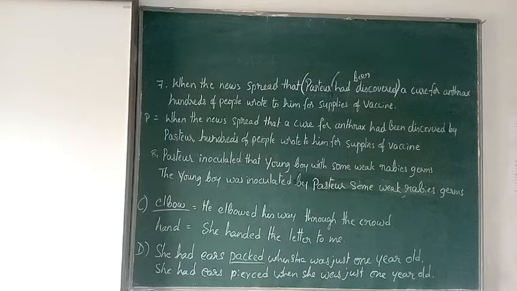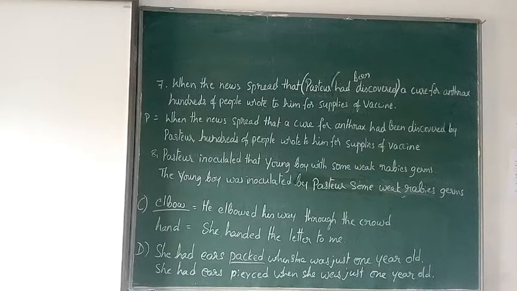Use otherwise. Walk fast, otherwise you will miss the train. Thirteenth one. Besides being intelligent, she is hardworking. Use not only but. She is not only intelligent but also hardworking.